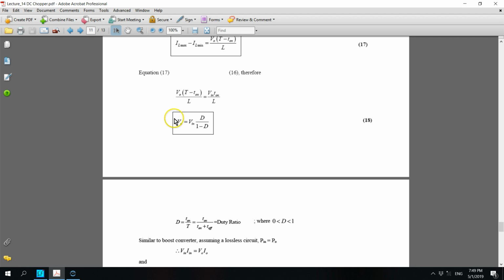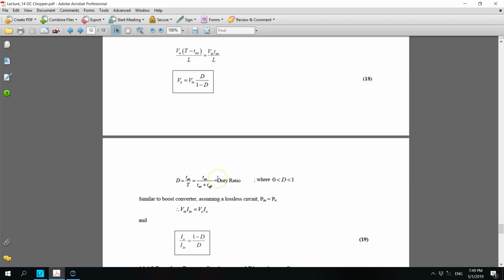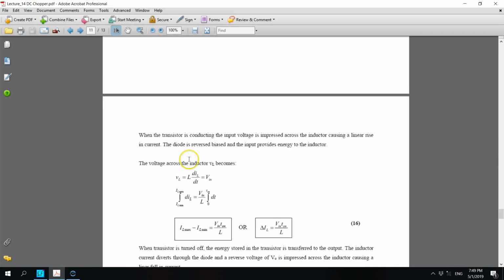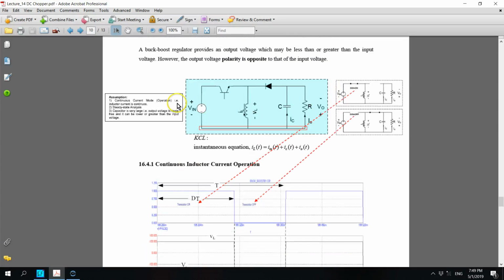So the buck boost circuit is able to produce an output voltage which is lower or higher than the input voltage, determined by the value of D. So you can vary the value of D from 0 to 1 to get the required output voltage.